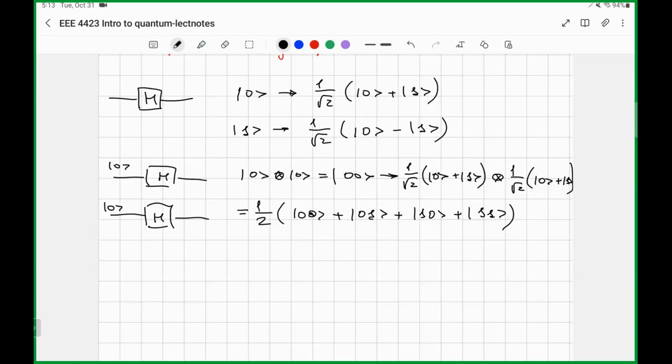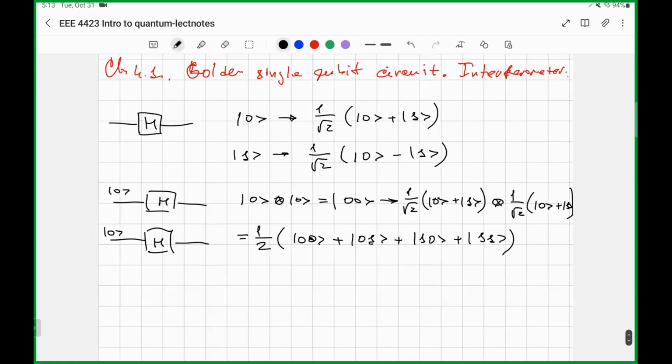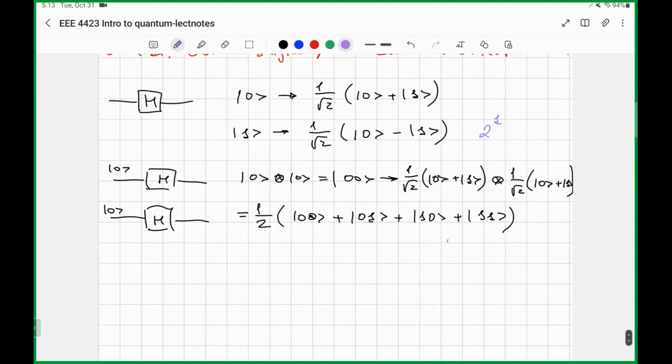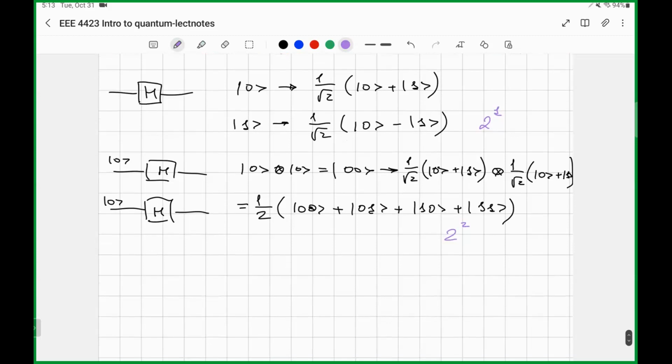So for 2 qubits, I've got 4 states. In the first case, the number of amplitudes is 2 to the power of 1. In the second case, 2 to the power of 2. And in the general case, if I consider n qubits, I would get 2 to the power of n quantum amplitudes.